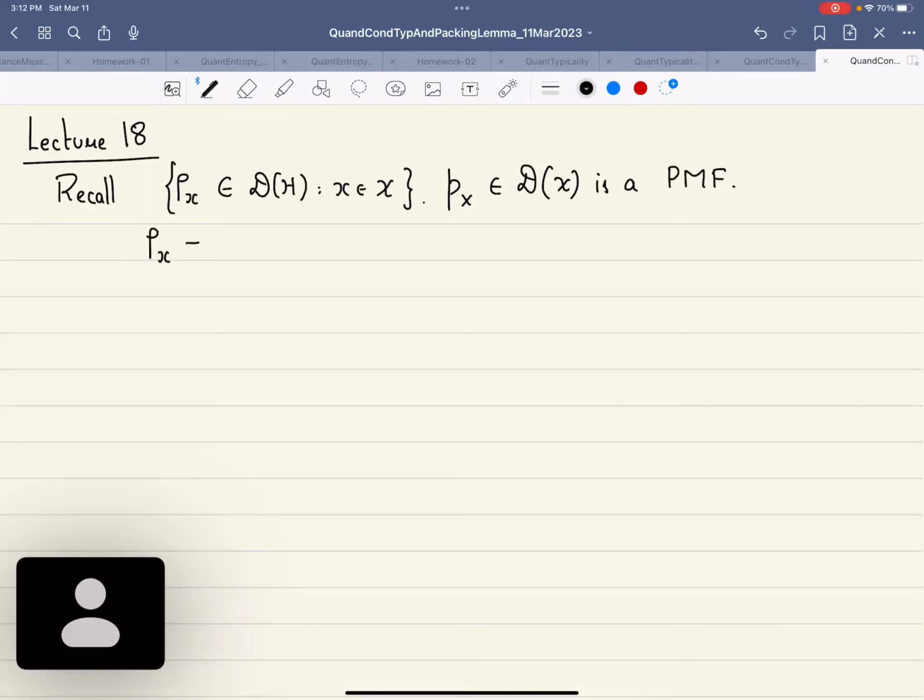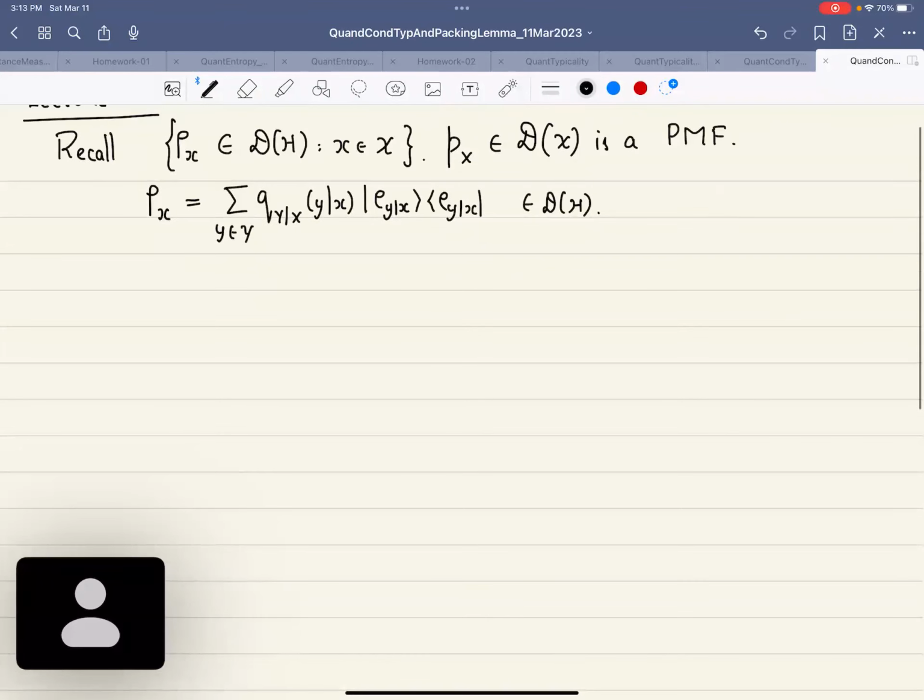Rho x, we just rewrote kind of the spectral decomposition as q y given x, e y, just the notation, y belonging to Y. Okay, this is D of H.